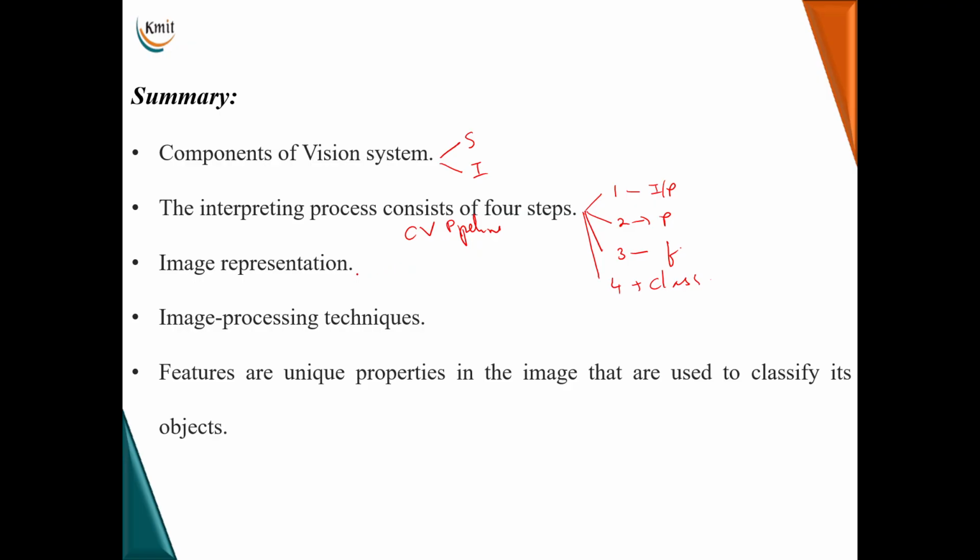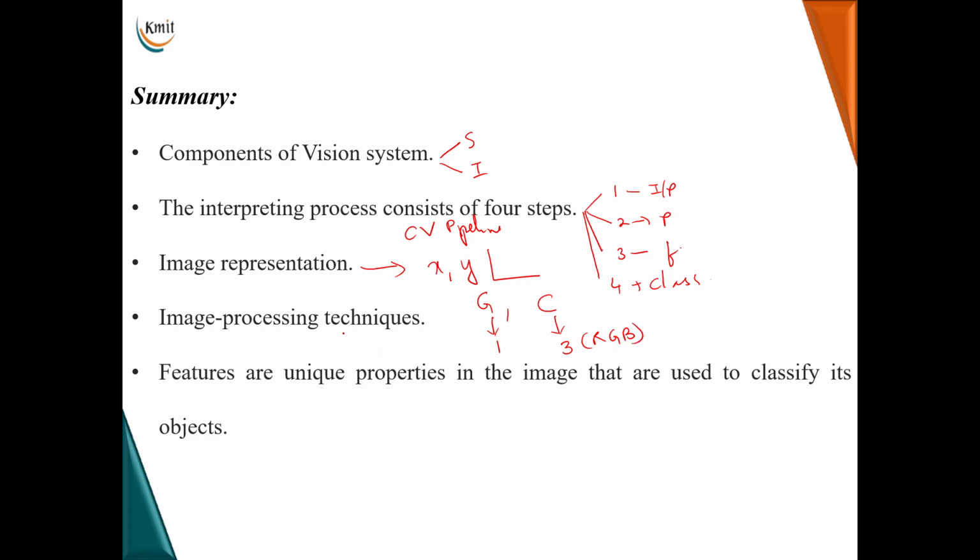Coming to the third summary, we have talked about the representation of an image. An image can be represented as xy, in the form of x and y coordinates, which is nothing but a two-dimensional representation. We also have talked about two types of images, grayscale images and colored images. Grayscale images have one channel and colored images have 3 channels, represented as R, G and B respectively.